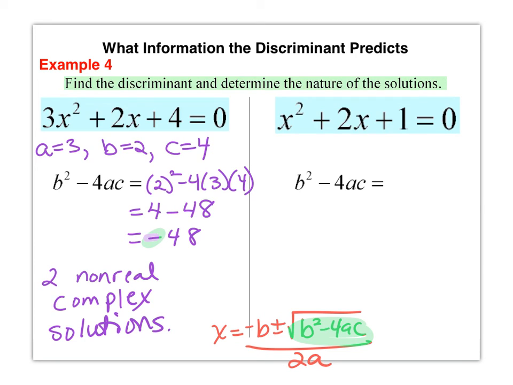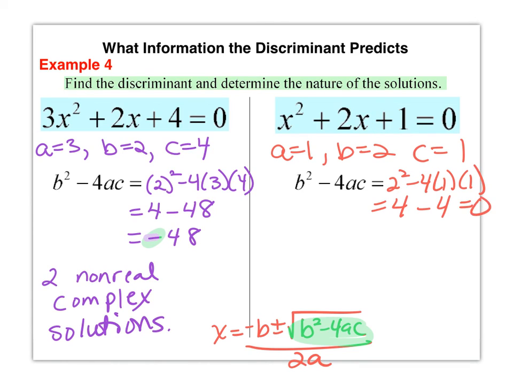For the example on the right, the equation is written in standard form where a is equal to 1, b is equal to 2, and c is equal to 1. By applying the discriminant, by calculating that, we get 2 squared minus 4 times 1 times 1, which is equal to 4 minus 4, which is equal to 0.